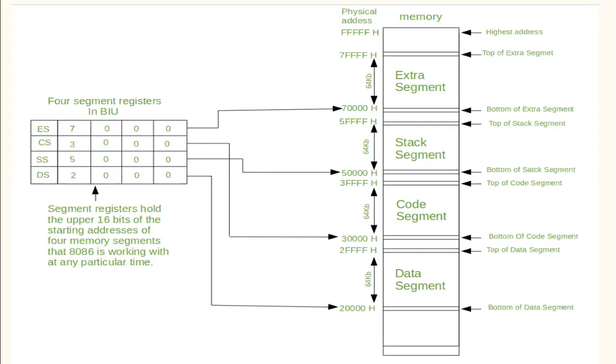So if I consider 0 as the base address for the first row and I go on adding from 1 to 10, I will have 1, 2, 3 up to 10. Similarly, for the second row, if I consider 10 as the base address and I go on adding 1, 2, 3 up to 10 in that, I will have 11, 12, 13, 14 up to 20 in that.